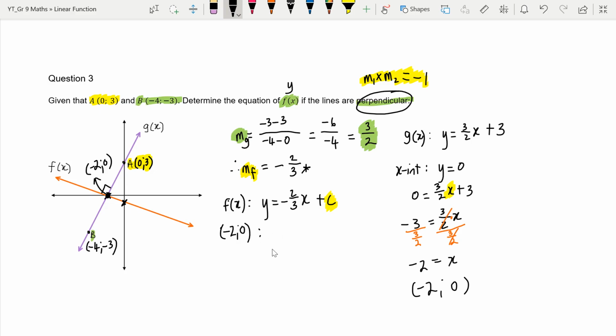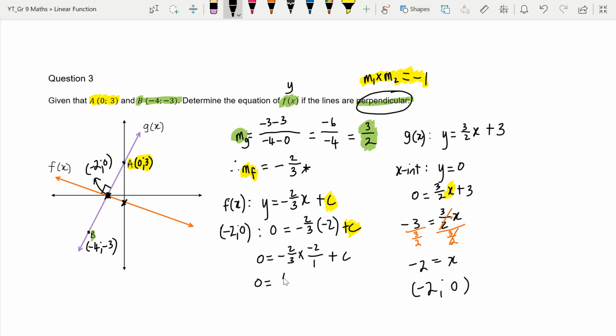So into the place of y is 0. Into the place of x is -2, and then plus c. There is the missing variable that we are trying to find. Now we just need to solve this equation. So this would be 0 is equal to -2 over 3 that is being multiplied by -2 over 1. I'm just making both of them fractions. You could just put it straight onto your calculator. And that would give me a positive 4 over 3.